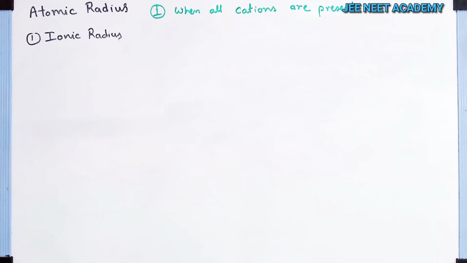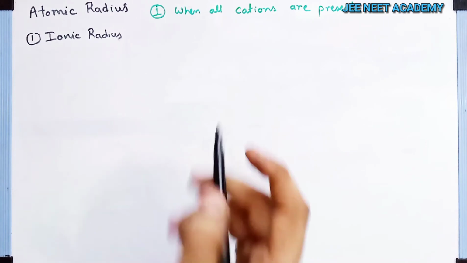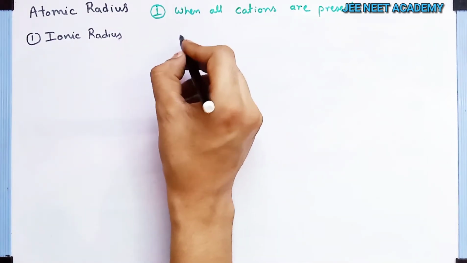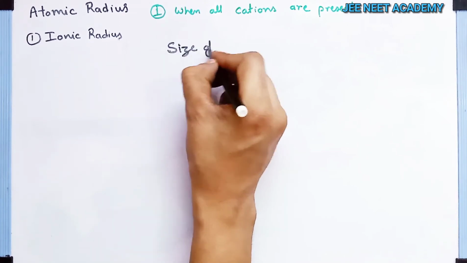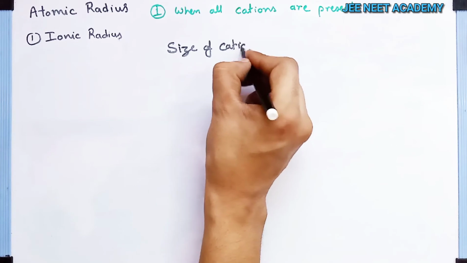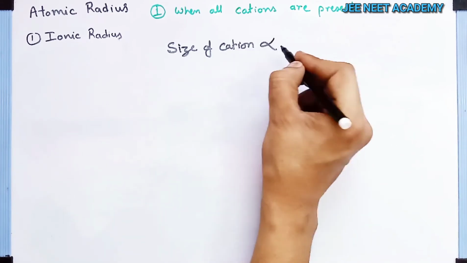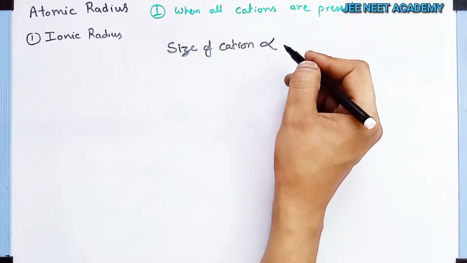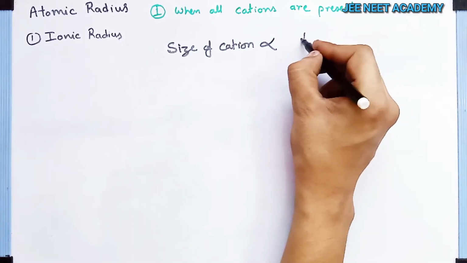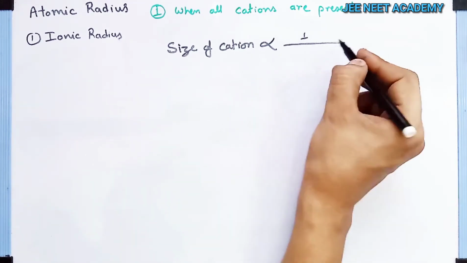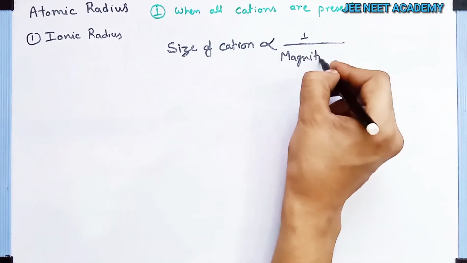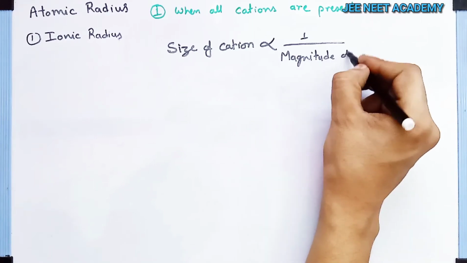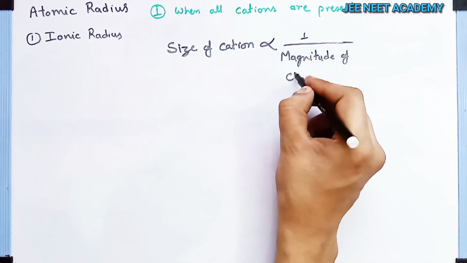In this, the size of cation or the radius of cation is inversely proportional to the magnitude of charge.